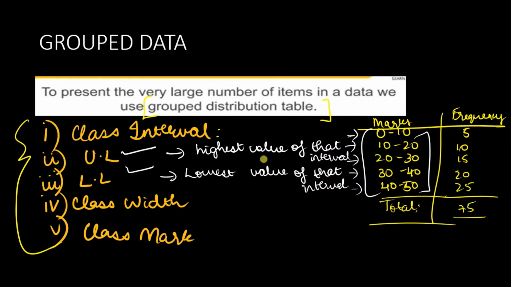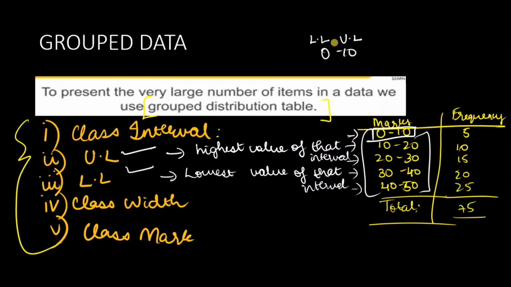For example, in 0 to 10, the upper limit will be 10, because it's the highest value, whereas the lower limit will be 0, because it's the lowest value. Similarly, in 10 to 20, the upper limit is 20, the lower limit is 10, and so on.